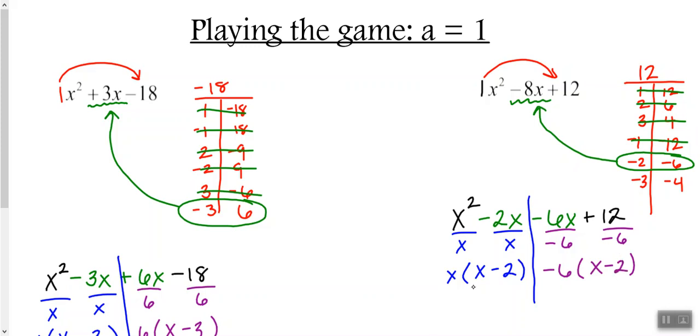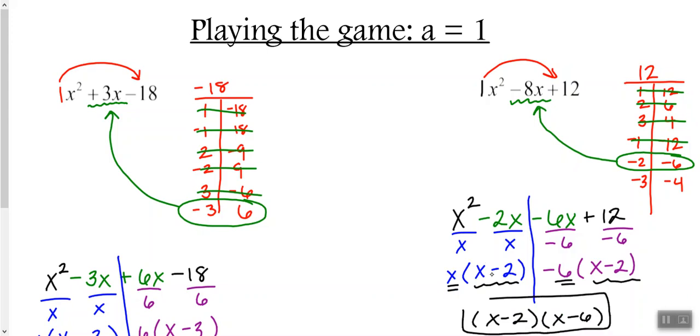And I know I'm doing right because x minus 2's match up. And that creates one answer. So I have x minus 2 in parentheses, and then I have my GCFs of x minus 6 as my other answer. And there's your answer to factoring, playing the game.